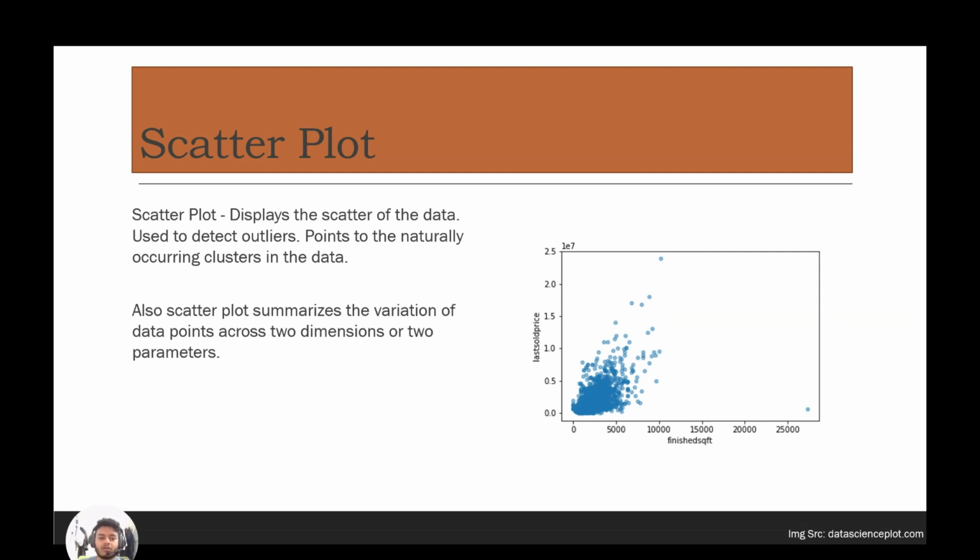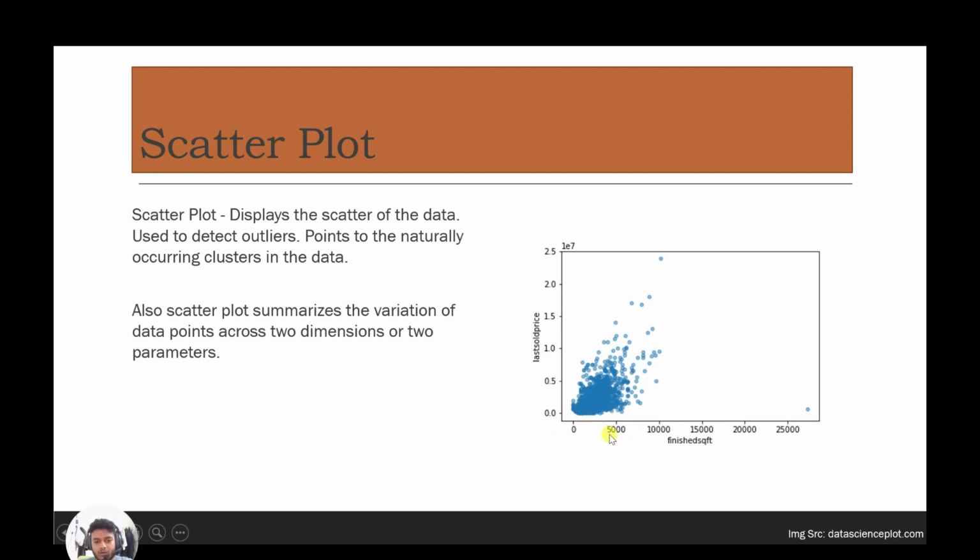Now we have the scatter plot. Scatter plot is used to detect outliers, as well as to see the relationship between two different features. On the left side we have one feature, on the right side we have another feature. Most of the data is lying between this range, 0.5 to 5000.